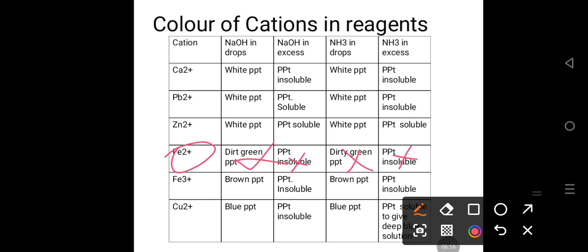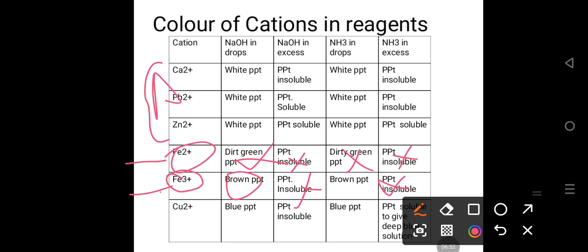Then you go to iron 3 ion. Iron 3 ion is brown. The behavior is just like its brother, iron 2 ion, but the only difference is the color is brown. So when you add sodium hydroxide, if you see a brown color, then what is present is iron 3. If it's green color, what is present is iron 2. Then if it is white, what is present is calcium, lead 2 ion, and zinc ion.